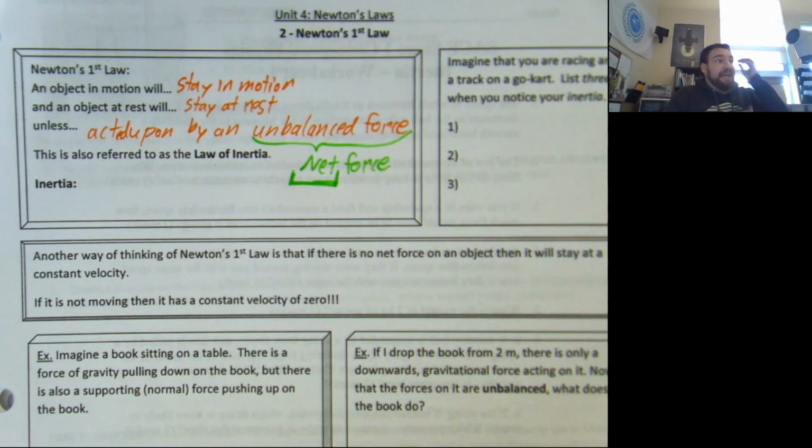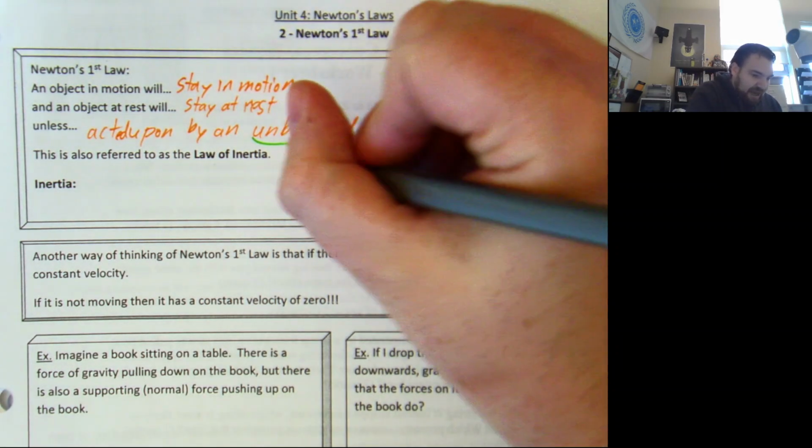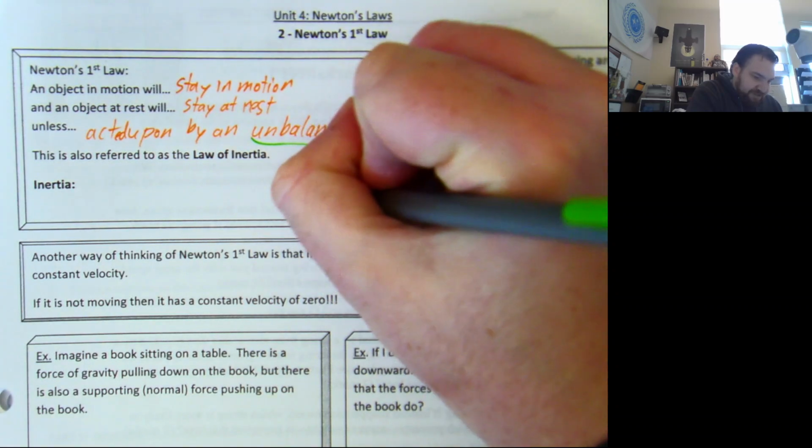If you're taking accounting, you've got gross income and you've got your net income. Gross income is everything you've made. Net income is after deductions. So it's the total minus whatever your deductions are. So a net force, yeah, in a very specific example, that would be true. Generally, the way I'm going to say it, a net force is a sum of all the forces.